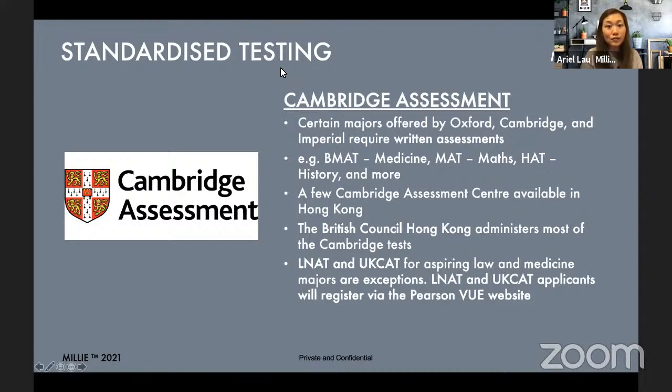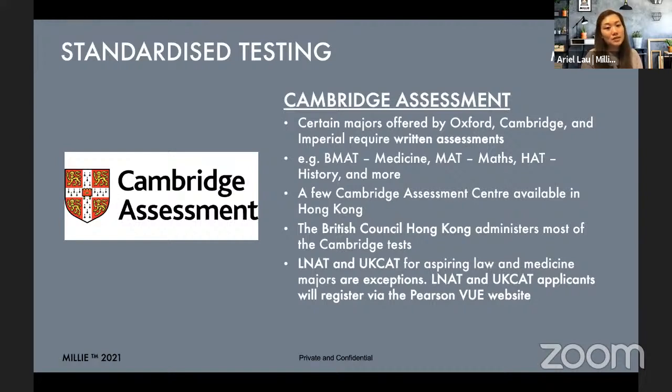This is a very easy arrangement if your school is a Cambridge Assessment Center, and you can take the test in a very familiar space with your teacher being your proctor. So do inquire with your in-school counselor to see if your school is a Cambridge Assessment Center, if you would like to apply to schools like Oxford, Cambridge, or Imperial.